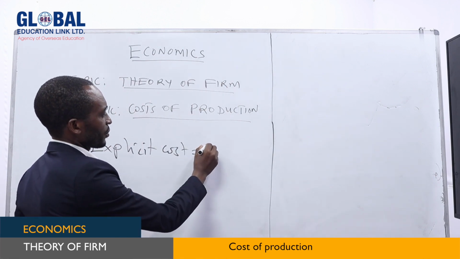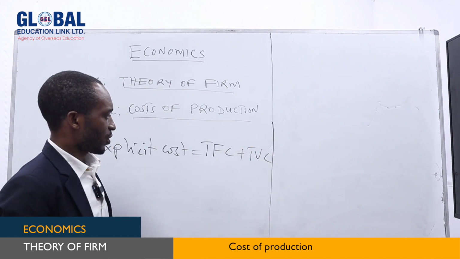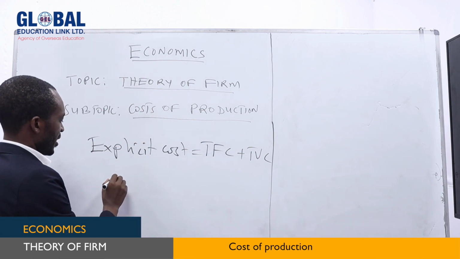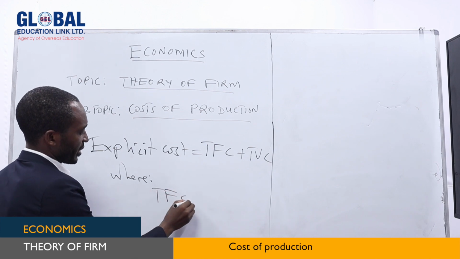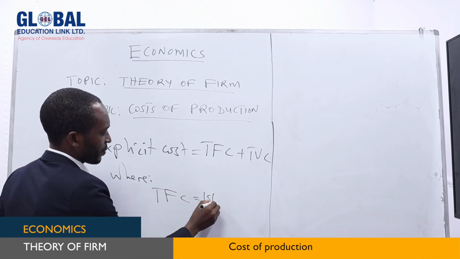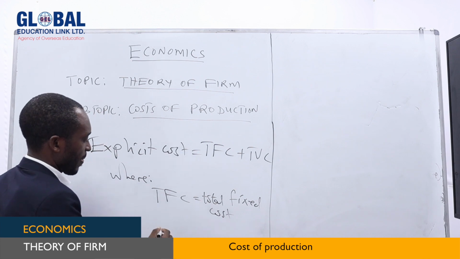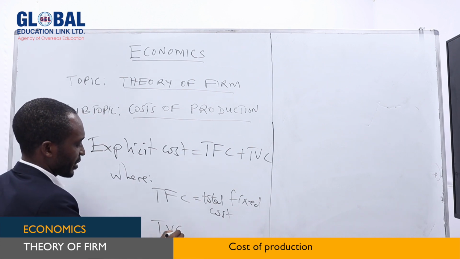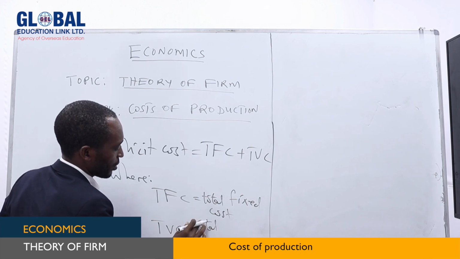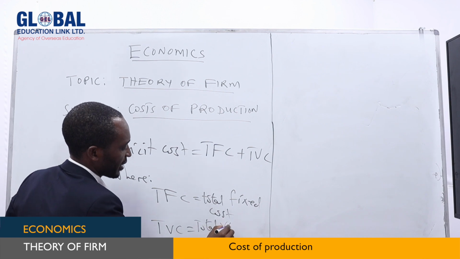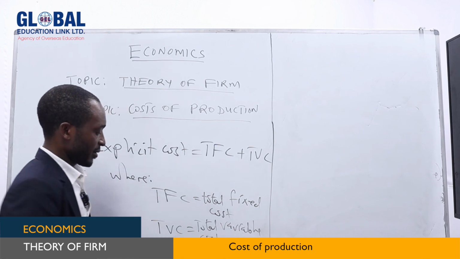So explicit cost is equal to total fixed cost plus total variable cost, where TFC equals total fixed cost and TVC is the total variable cost.